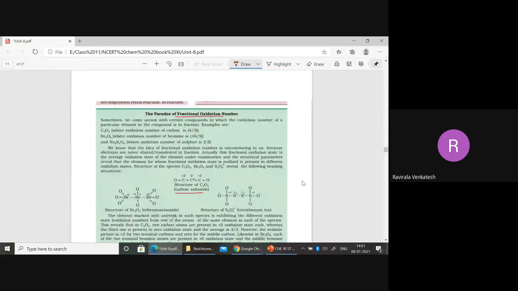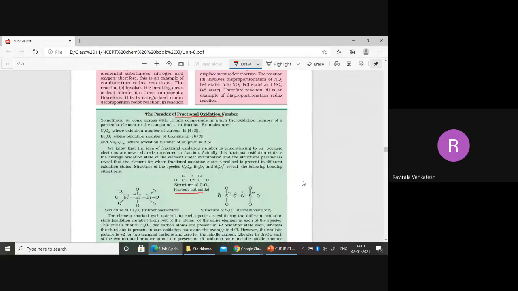Let me take the first one, carbon suboxide, C3O2. What does carbon suboxide mean? You can write it like this: C double bond C double bond C, double bond O, double bond O. What is the meaning of suboxide? Generally, for 3 carbons, only 1 oxygen is there. In carbon dioxide, for 1 carbon there are 2 oxygens.